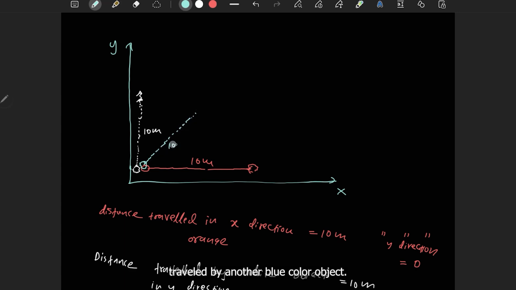The 10 meters traveled by another blue color object, but in a tilted path like this. So this is inclined and tilted relative to the path where it was moving, right? So now my new object finally shows up somewhere here.